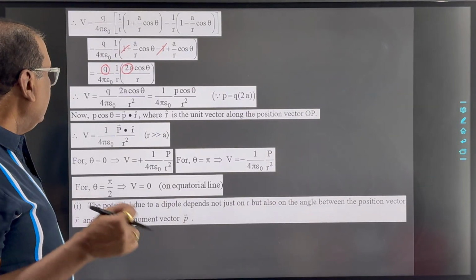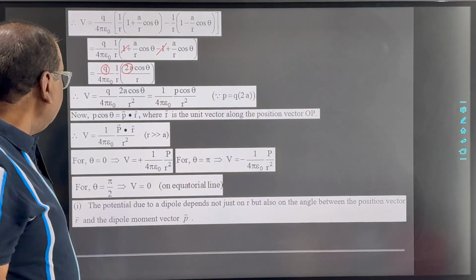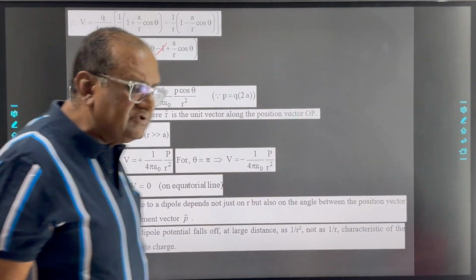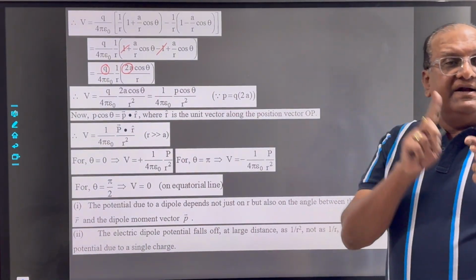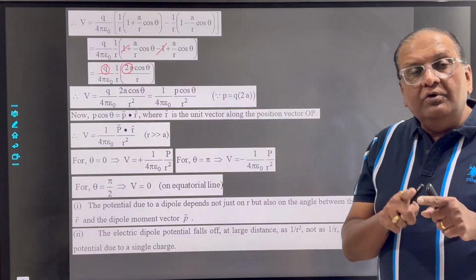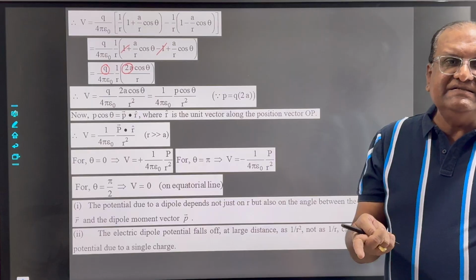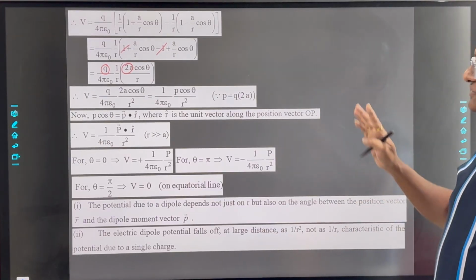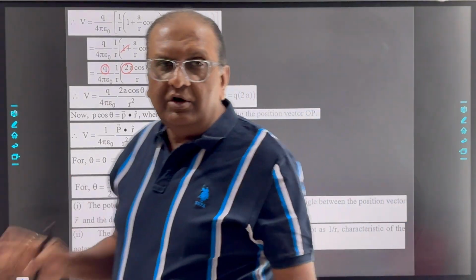And here we can observe this thing, the electric potential of the dipole decreases as 1 upon R square. And in the previous theory we discussed this thing, the electric potential due to a point charge decreases as 1 upon R. Clear? So this one is the electric potential due to a dipole. Clear to all of you?